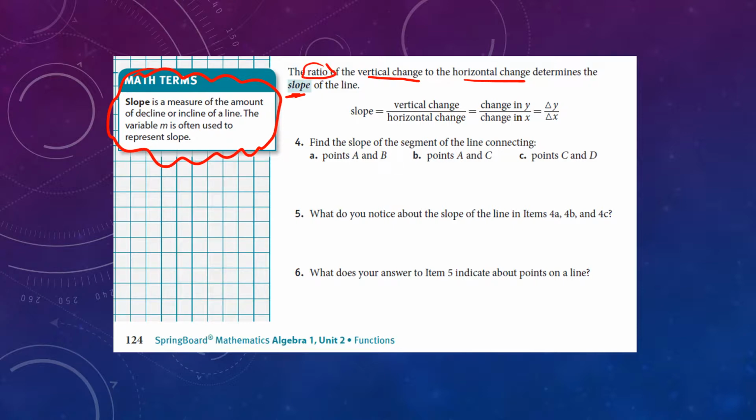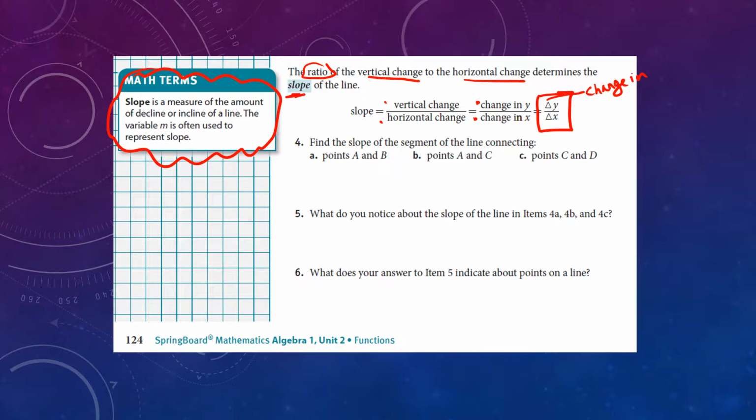So that would look like this. Slope is vertical change over horizontal change, also known as change in y over change in x. And this is how we'll start writing it. Delta y over delta x. Delta means change in, so that little symbol means change. So change in y over change in x.